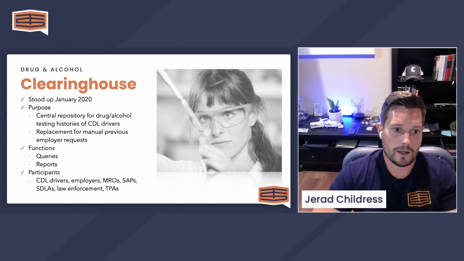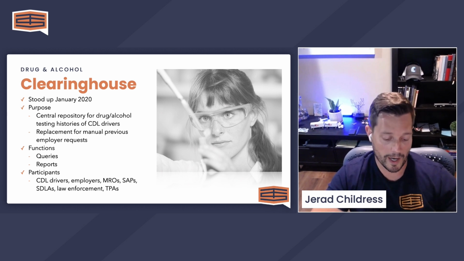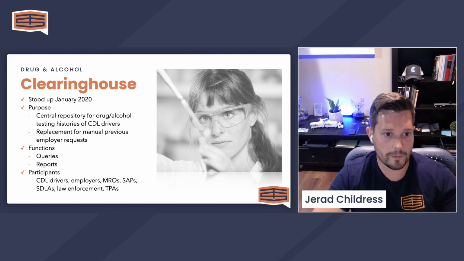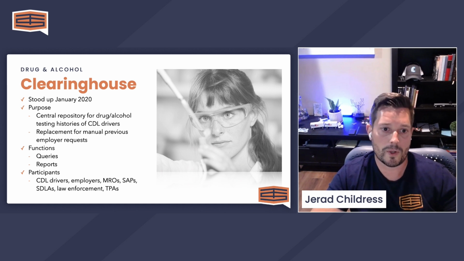That way, the participants of the Clearinghouse can have real-time data related to the violations for CDL drivers. It also serves the great purpose of replacing that previously manual process of querying previous employers for the last 3 years of drug and alcohol violation data. So that has now gone away since the Clearinghouse has been in effect for more than 3 years. So good news there. The main functions of the Clearinghouse are the ability to query and obtain reports.